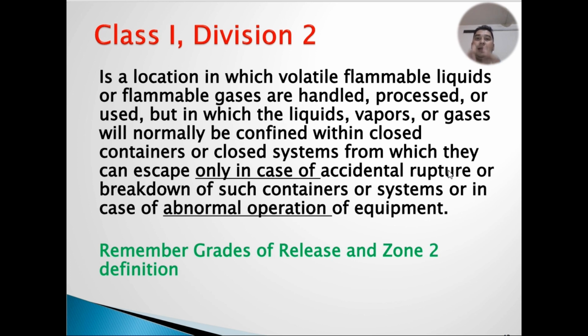So let's say that we have a warehouse. In that warehouse you are storing some flammable liquids or flammable containers. In this case, whenever a container is damaged, leakage will happen, or you will handle the containers in such a way that leakage happens. Only in that condition will class 1 division 2 be applicable, because that will be for a short period of time. After that, it will be removed.